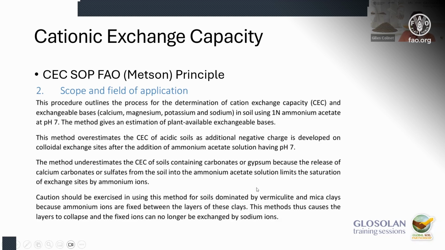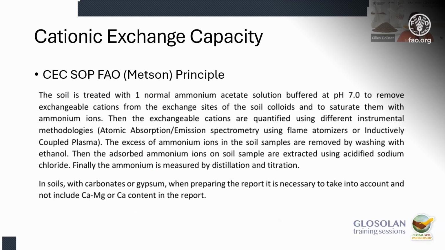And also caution should be taken for soils which have vermiculite and mica clays, because the ammonium can be fixed more strongly in them, and you cannot measure it anymore. So the general principle is that you treat the soils with the normal ammonium acetate.